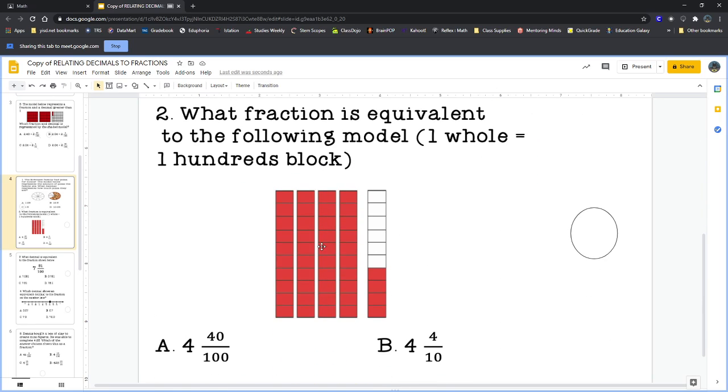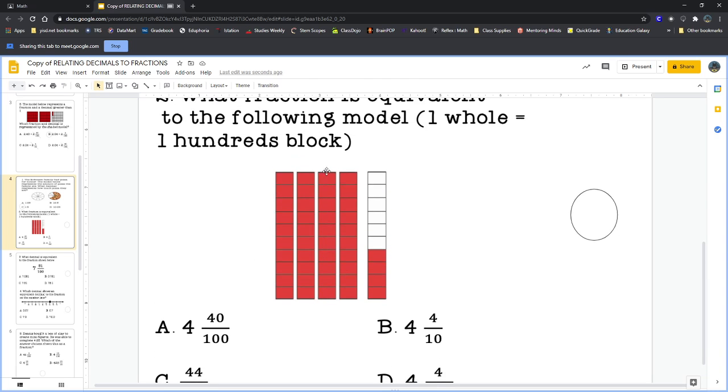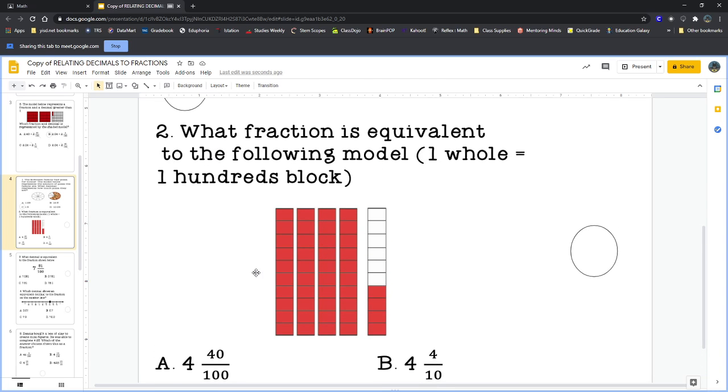All right, we've seen a question like this before as well. What fraction is equivalent to the following model? 1 whole equals hundreds block. So here we have some models that are shaded in, showing us a certain fraction. And it says 1 whole equals 1 hundredths block.